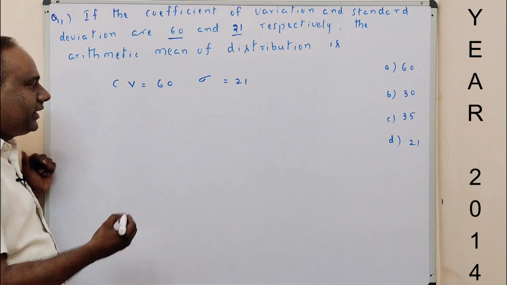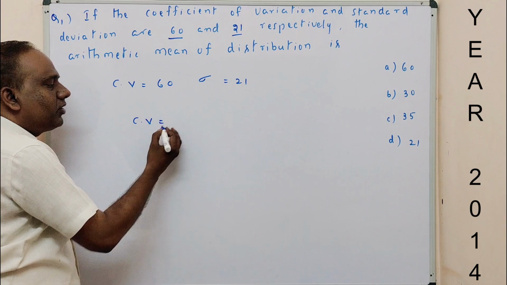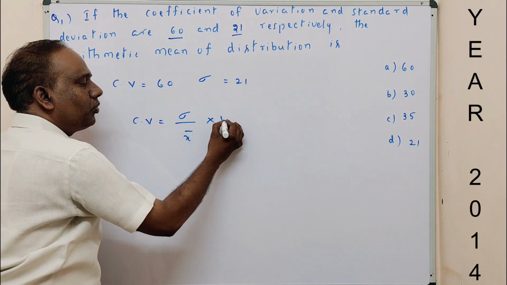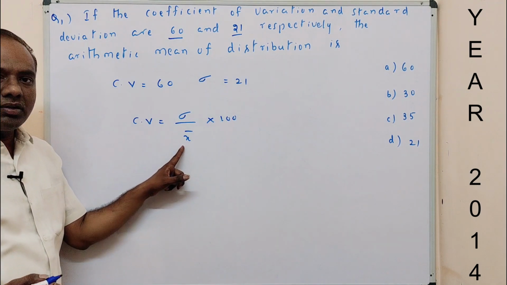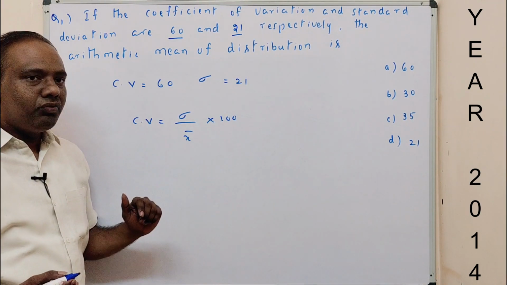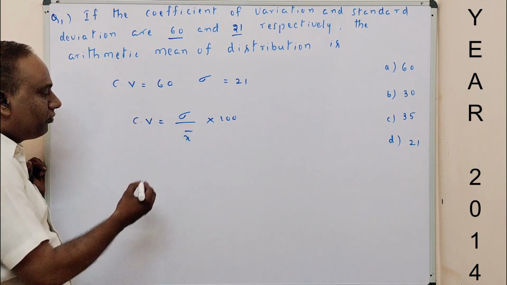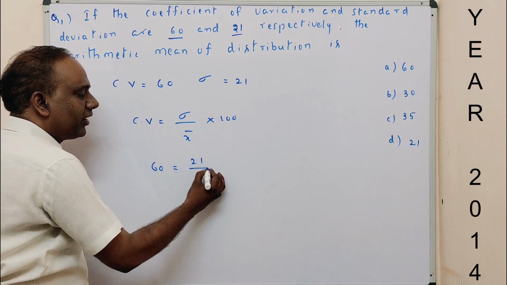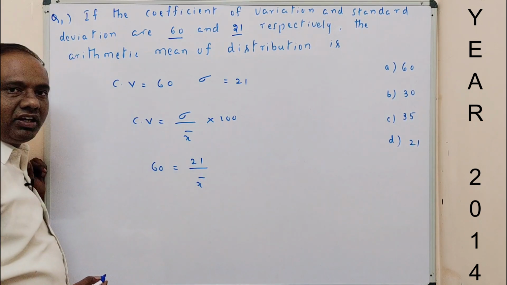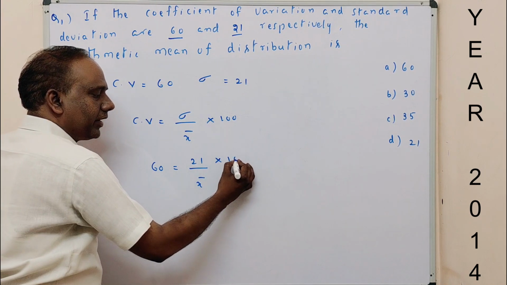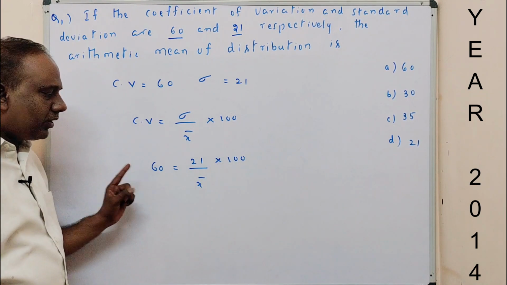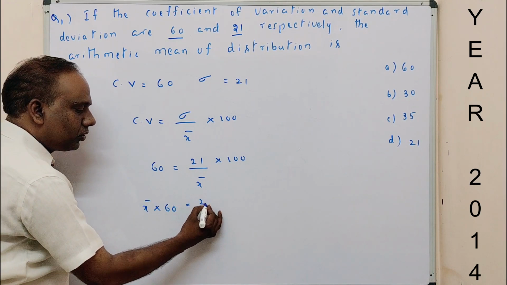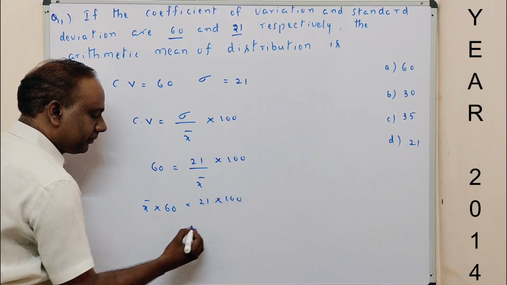So actually the formula is coefficient of variation is equal to standard deviation by mean into 100. Here x bar is the mean, this value we need to calculate. So coefficient of variation is 60, standard deviation is 21, by mean into 100. Now x bar, you take the left side: x bar into 60 is equal to 21 into 100.